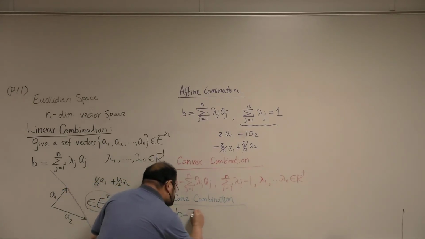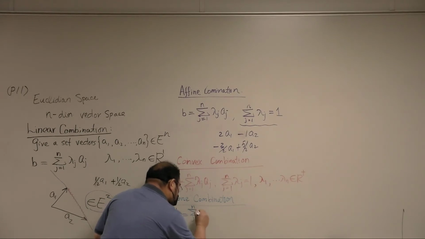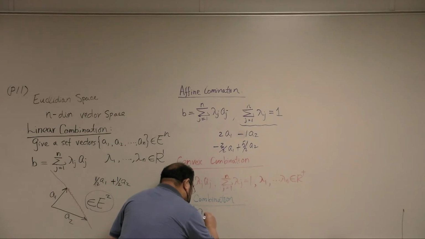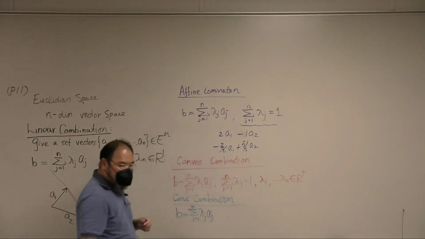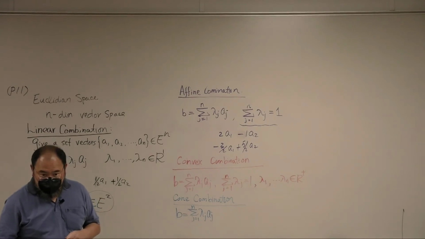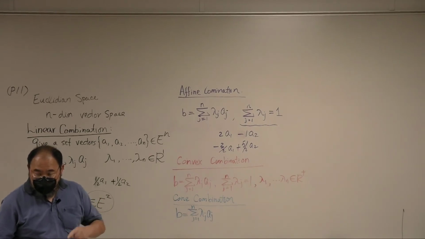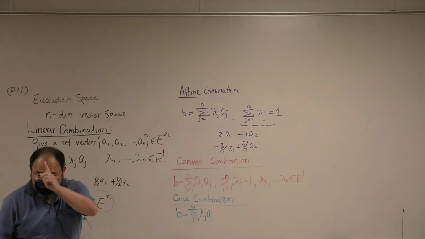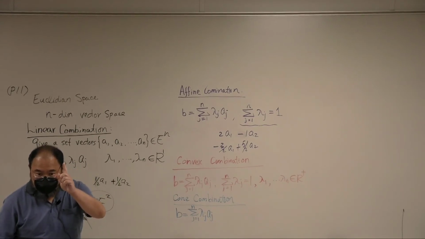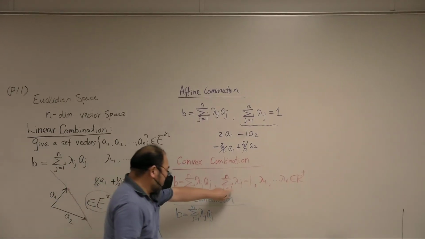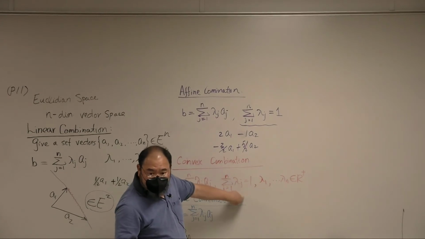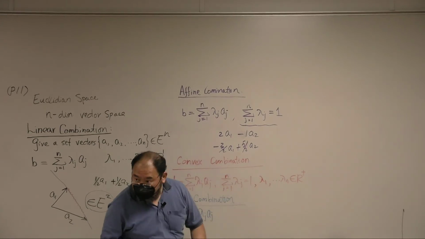B equals the summation of j from 1 to n of lambda j times aj. Okay? But I'm going to relax one constraint: the sum of lambda does not have to equal 1.